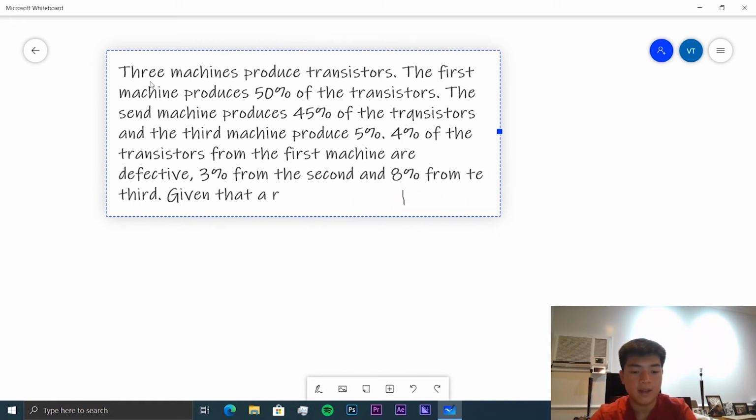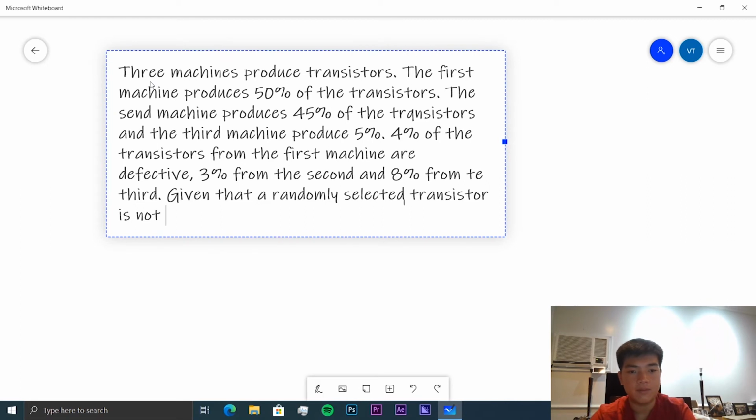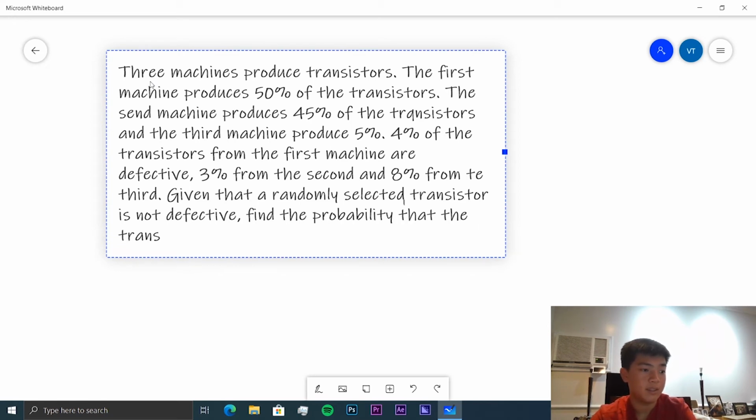Given that a randomly selected transistor is not defective, find the probability that the transistor was produced by the second machine.